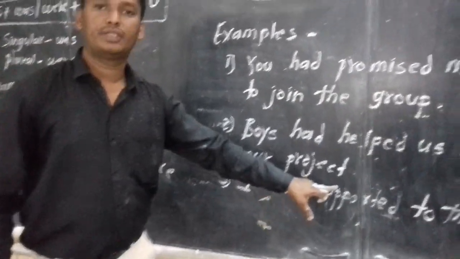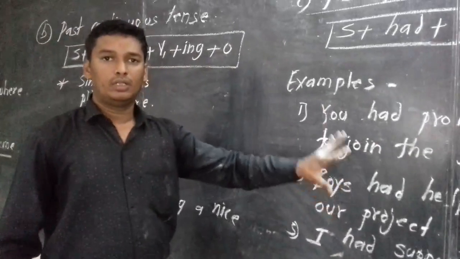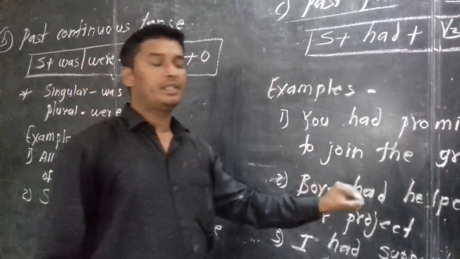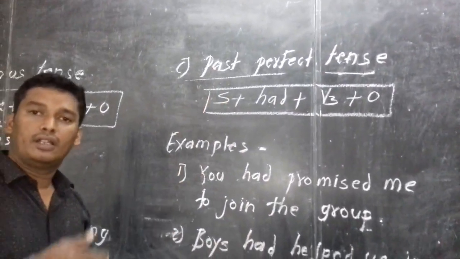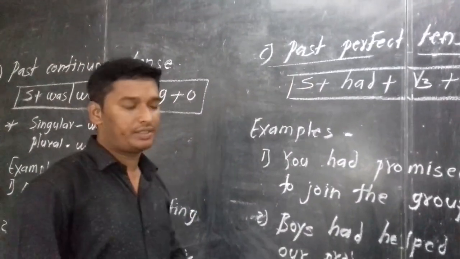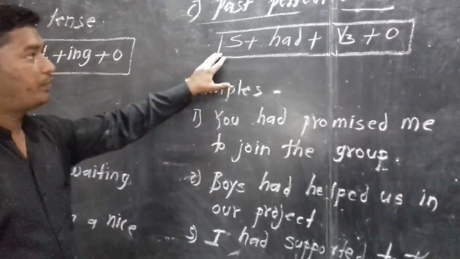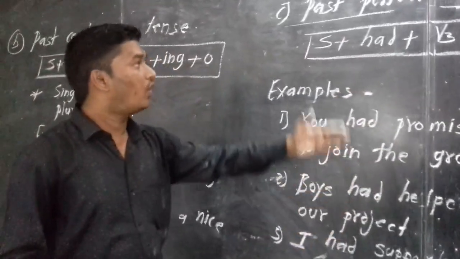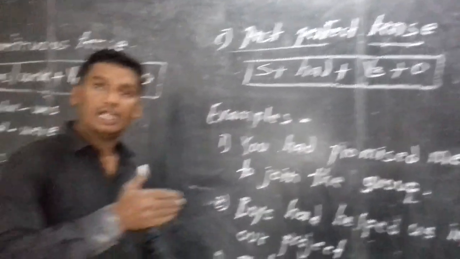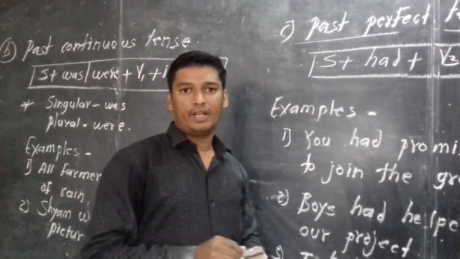Had plus V3. If you put your sentence in this structure, that is past perfect tense. Look, S plus had plus V3 plus O is the structure, and these are the examples of past perfect tense. Completed action in the past.